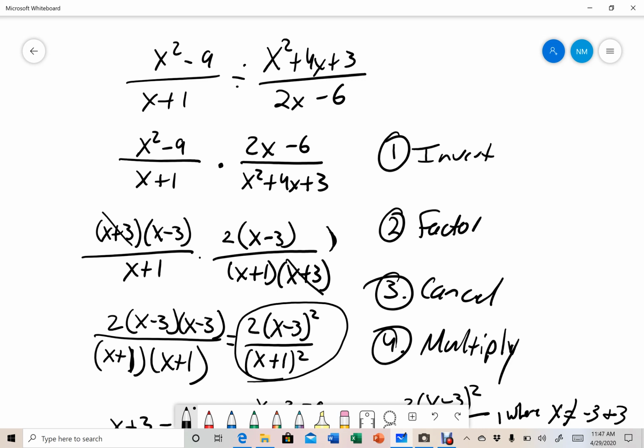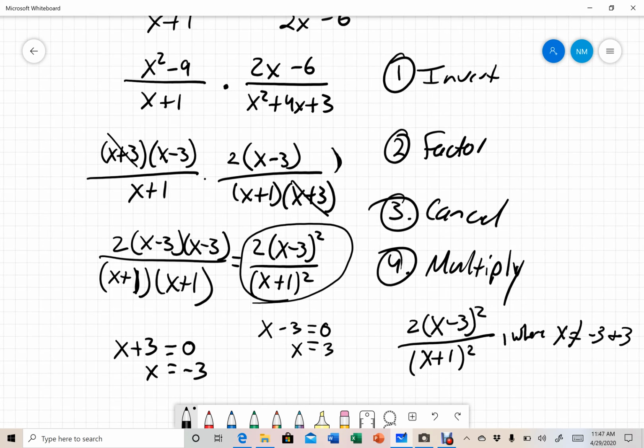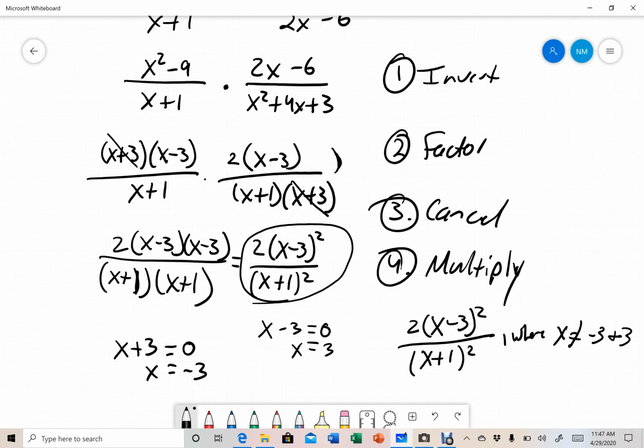So this was our original denominator. Even though it is no longer in the denominator, if x minus 3 is not present in the denominator of our final answer, then this must also be excluded, okay?